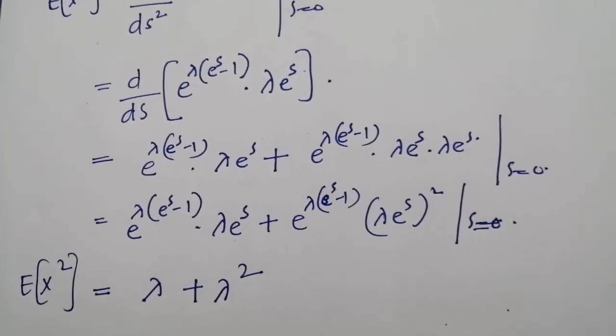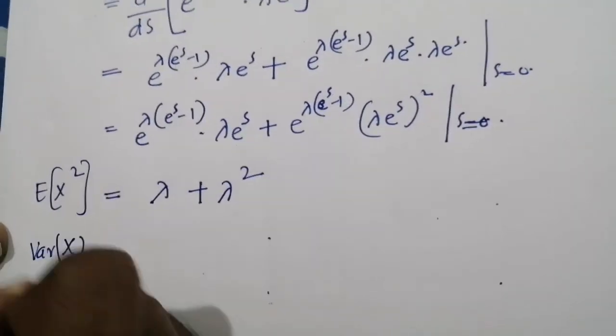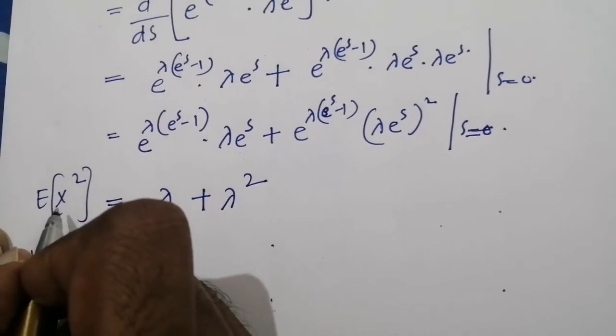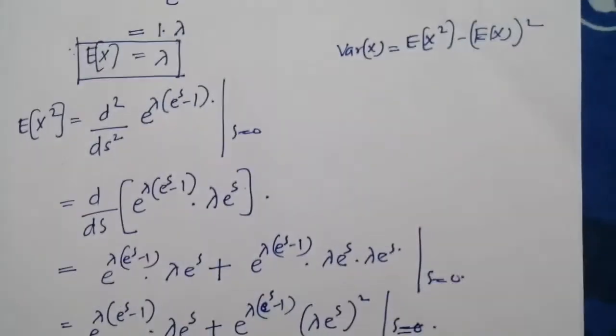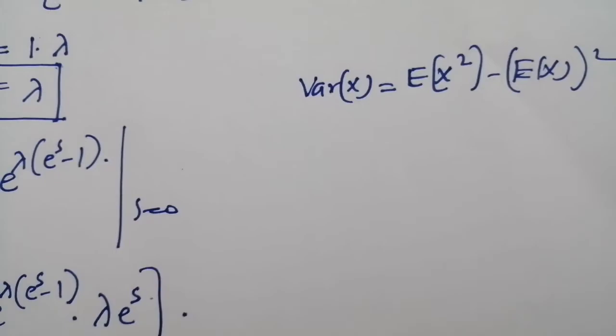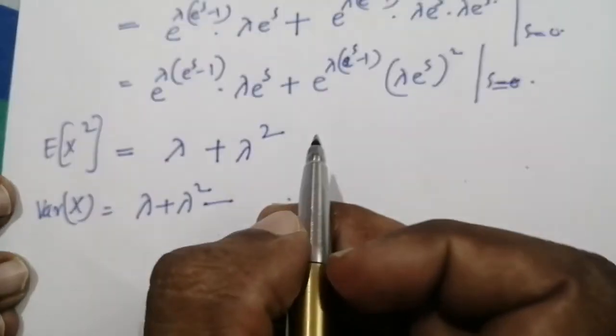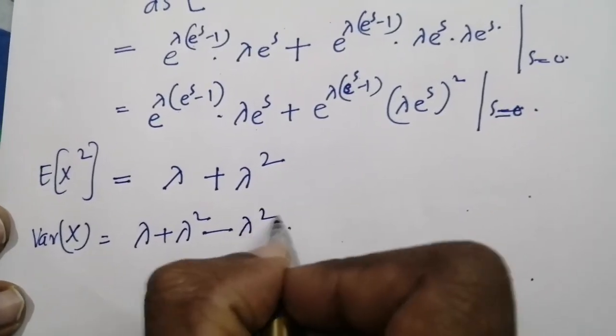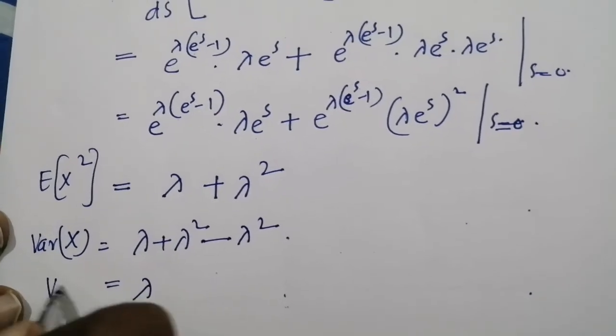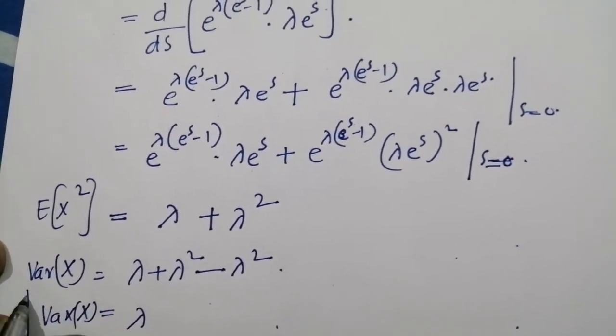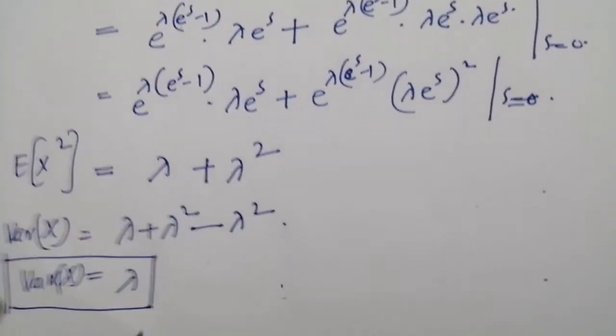So variance of x is expectation of x square minus expectation of x the whole square. That is lambda plus lambda square minus lambda square, which equals lambda. So the variance of x is also lambda.